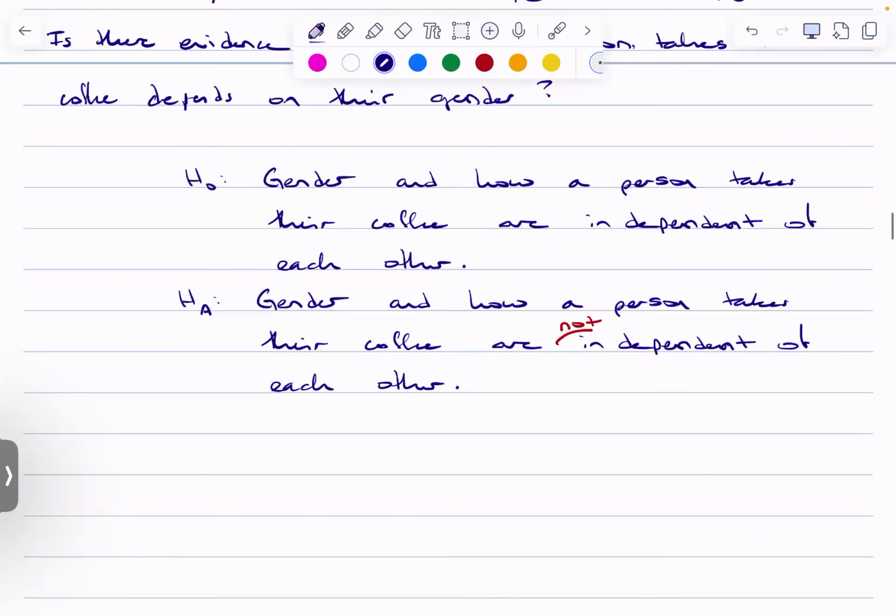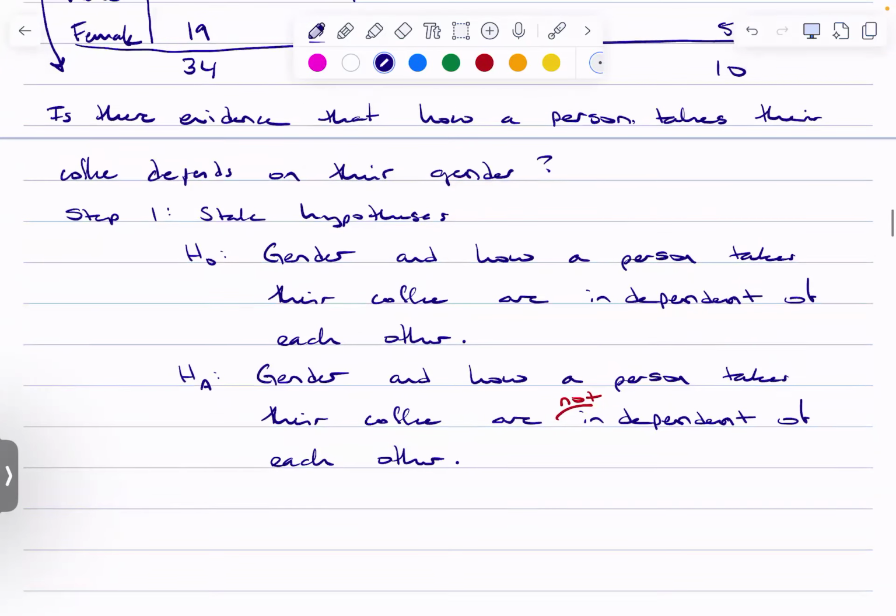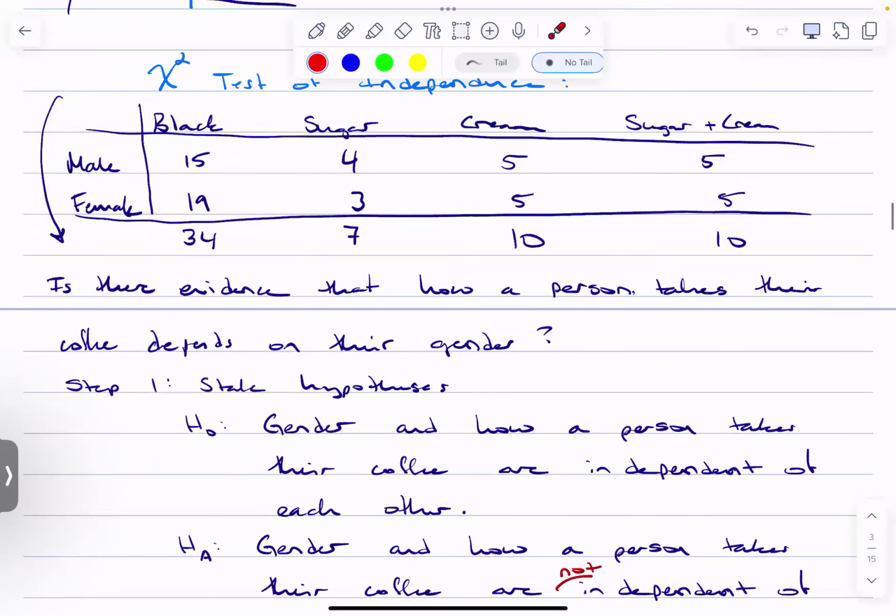Let's do this one, start to finish. Step 1, state the hypotheses. We already did that. I know, I'm hooked on this example, I guess. Let's just do it. So now, what are we comparing? If they're independent of each other, right?